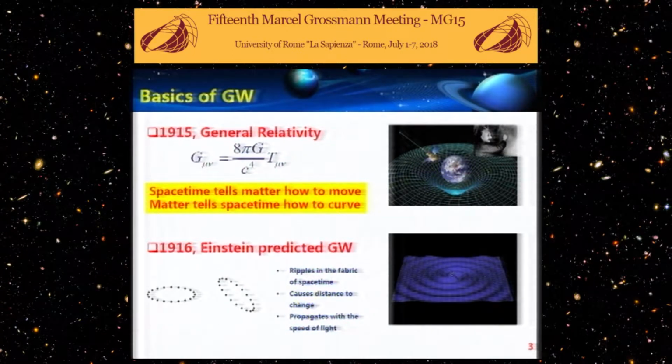Not long later, Einstein himself found a solution to his formulation, the so-called gravitational wave solution. This is very important. Gravitational waves have 2 polarizations and propagate at the speed of light. These are the most important features of gravitational waves.